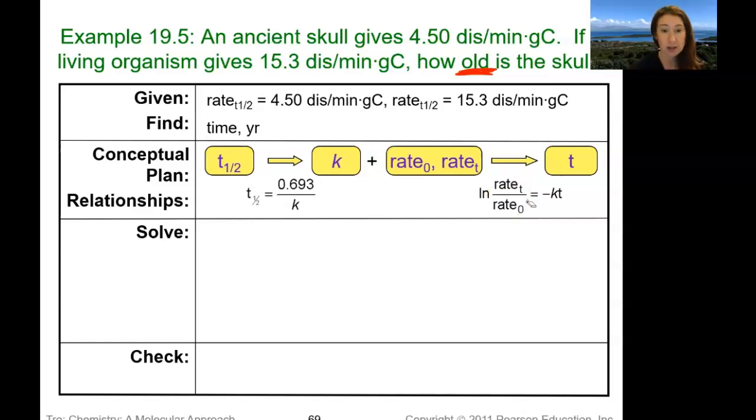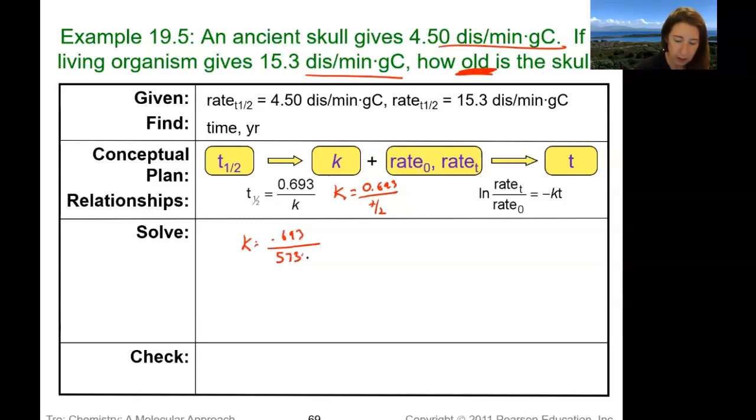We just changed, instead of milligrams or grams, to this very interesting unit here. So if we want to know our rate constant, k is 0.693 over the half-life of carbon-14, which is 5,730 years.